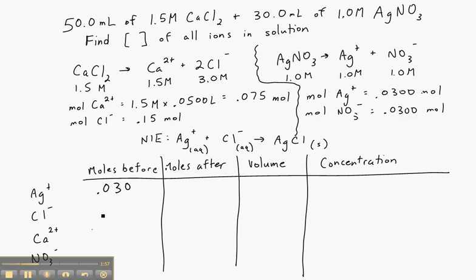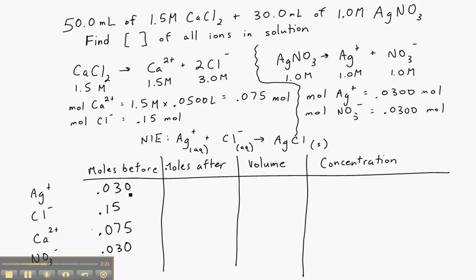And for the chloride, it was 0.15 moles. For the calcium, 0.075, and for the nitrate, 0.030.